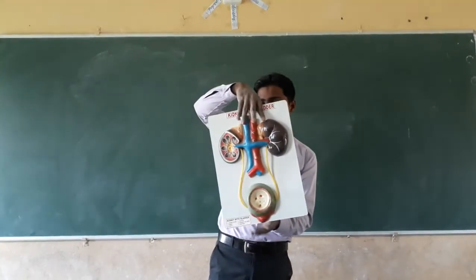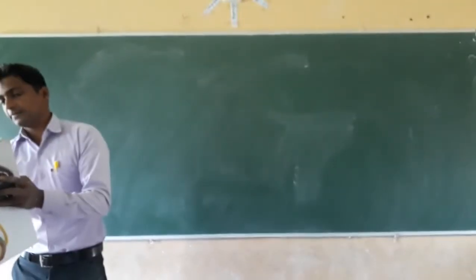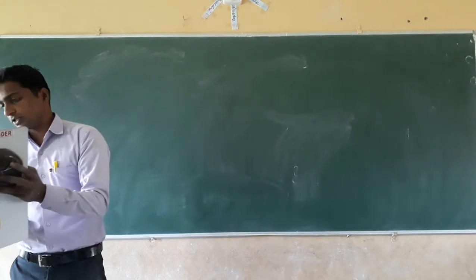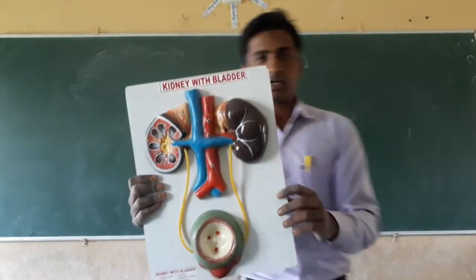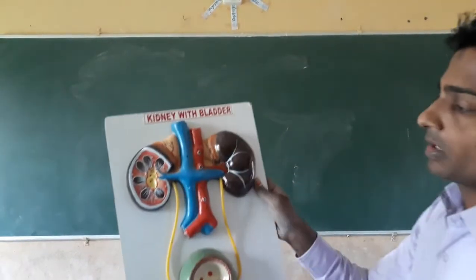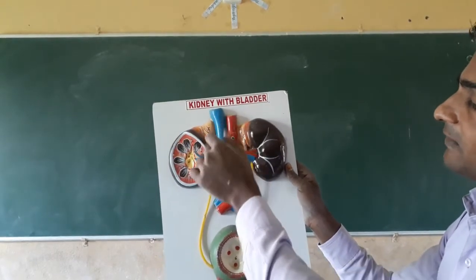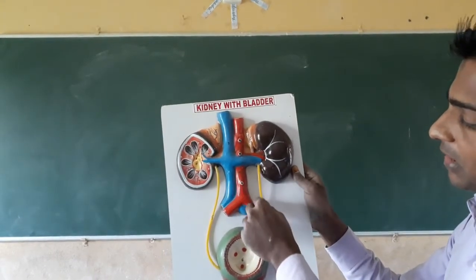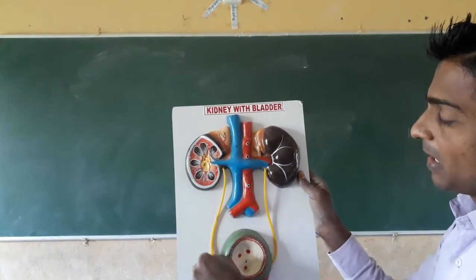See here, the human excretory system consists of a pair of bean-shaped kidneys. Here one renal artery and renal vein are connected to the kidneys.